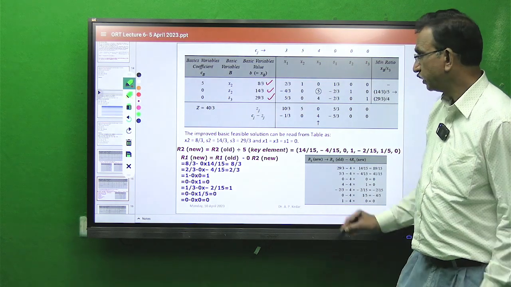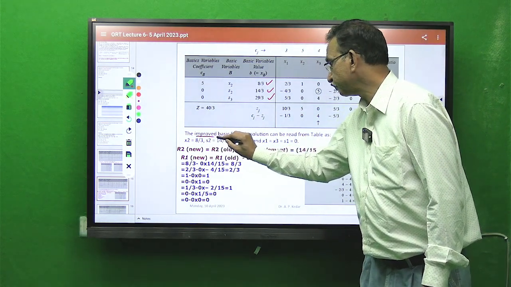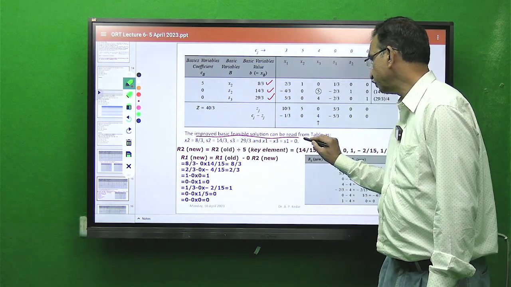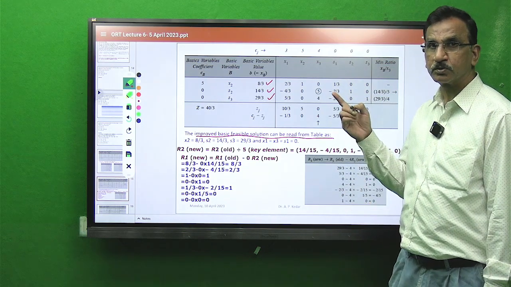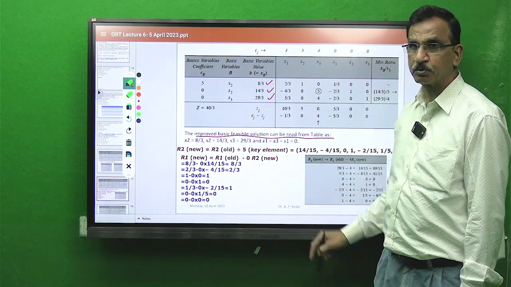This is our important improved solution. The first solution was not optimal, so we got this improved solution.